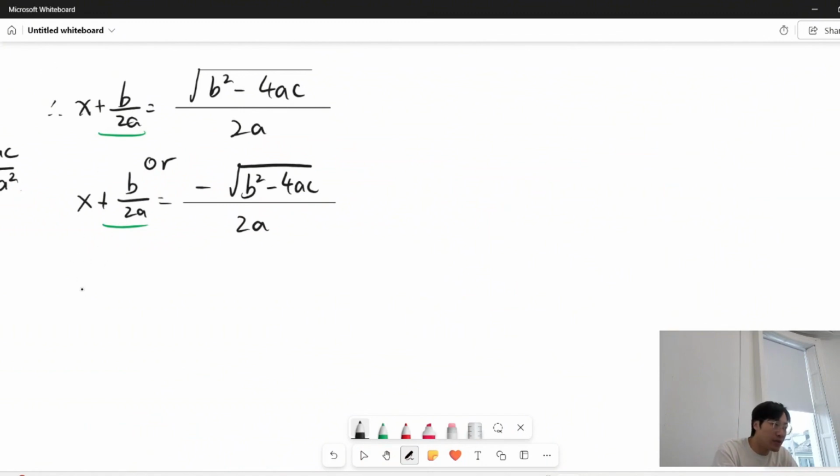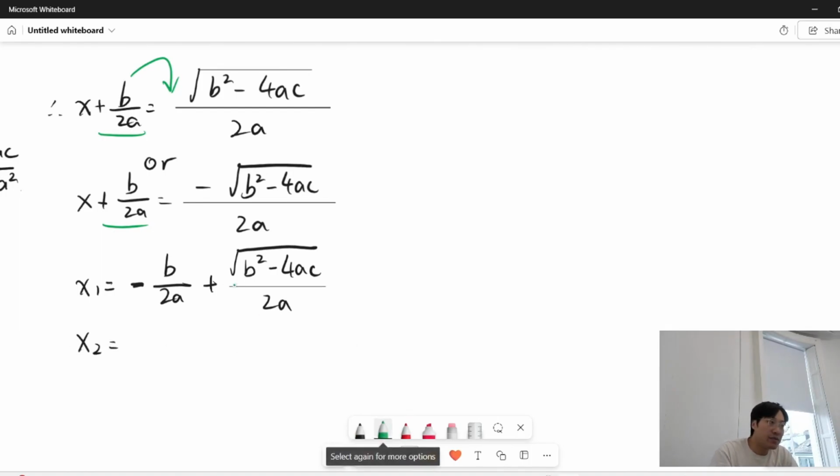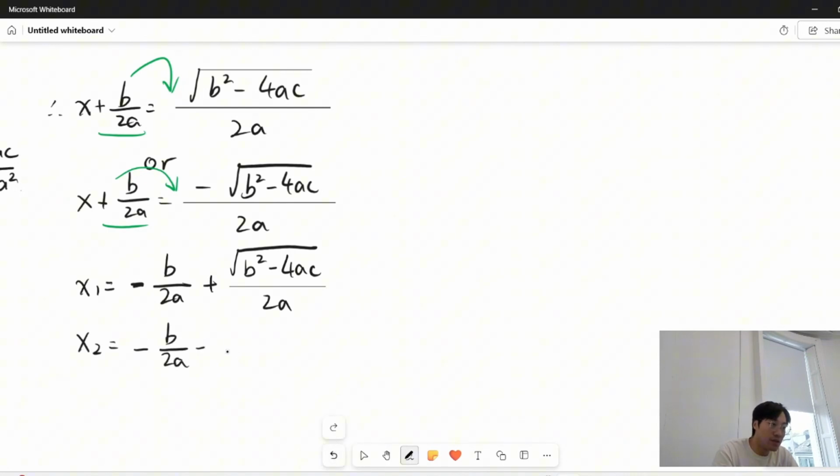For the first answer, x1, you move that to the right-hand side of the equation, so that will be minus b over 2a plus square root of b squared minus 4ac here. And x2 represents, if you move this to the right-hand side of the equation, minus b over 2a, and that's another minus here.